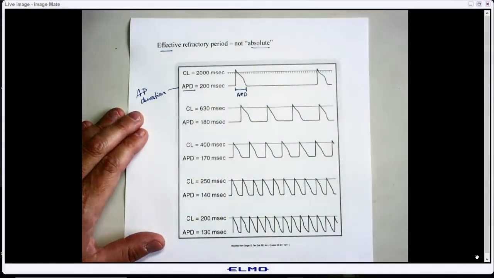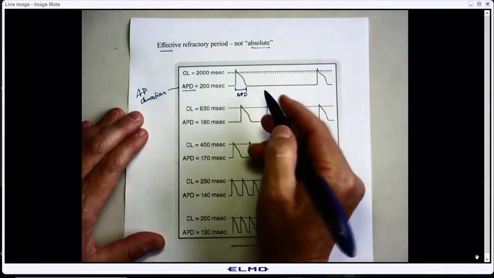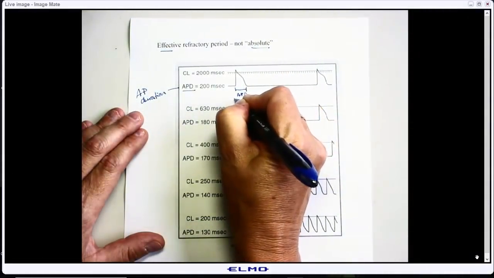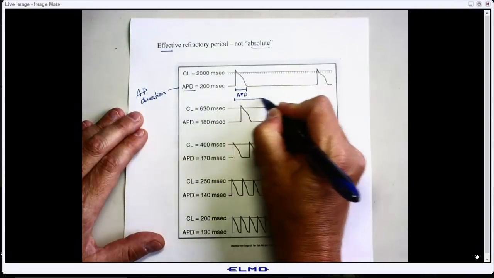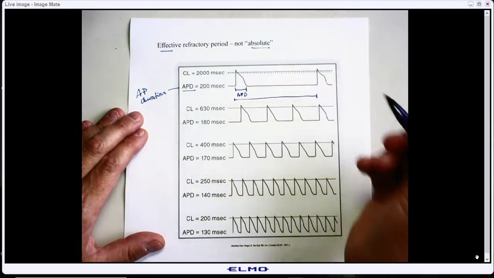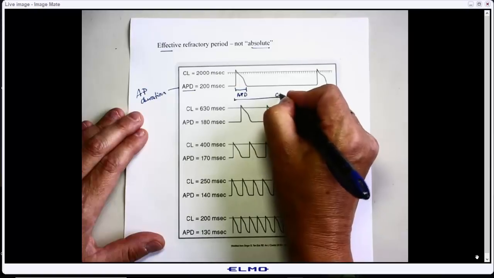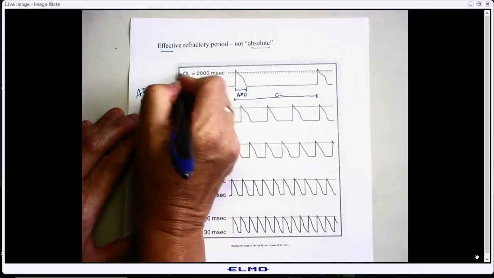All right? And with a certain action potential duration, at a certain heart rate or contraction rate, you will have a certain period of time between contractions, right? So that's dictated by what the heart rate is. So this is the CL, the cycle length, they're calling it here.